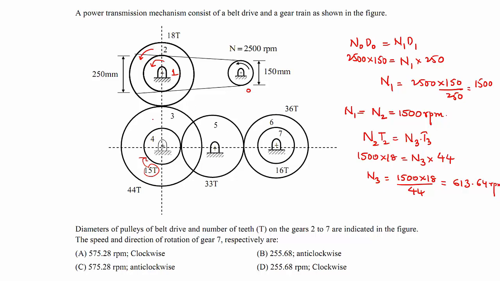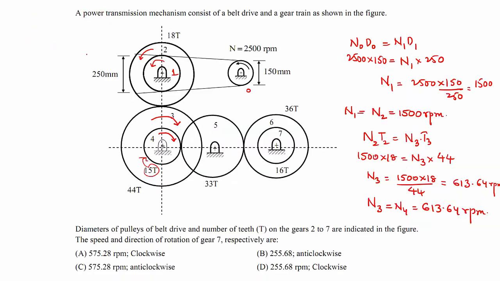External gearing means the direction of rotation changes, so this will be rotating in clockwise sense, and the fourth one will also be rotating in clockwise sense. So N3 equals N4 equals 613.64 rpm. So 4 is meshing with 5.